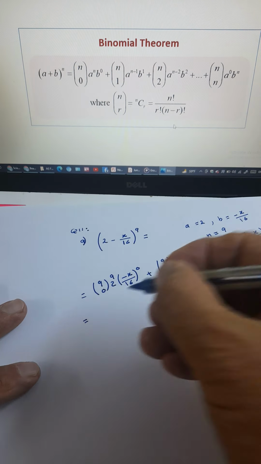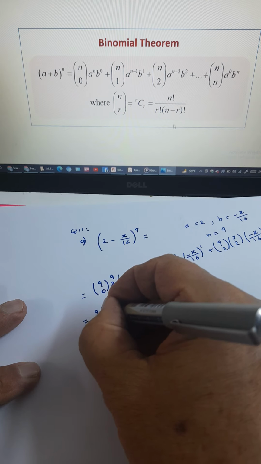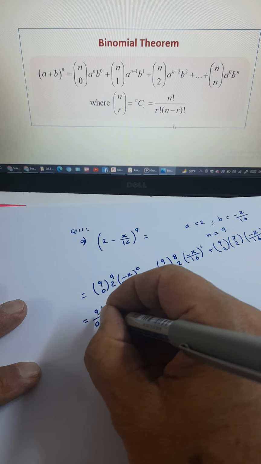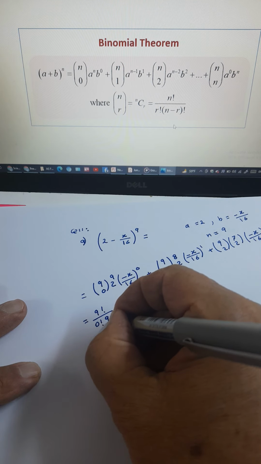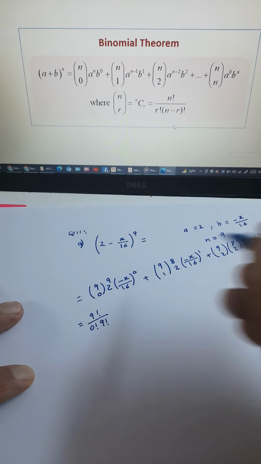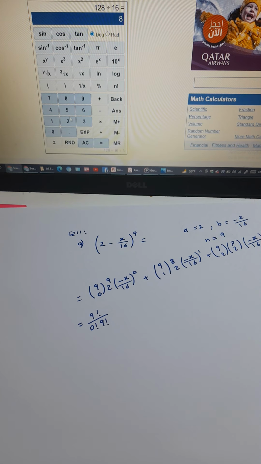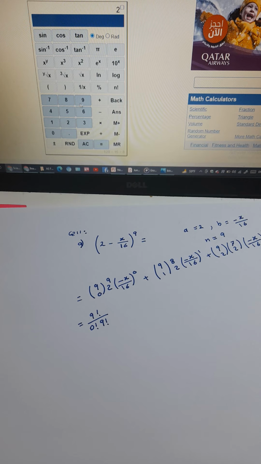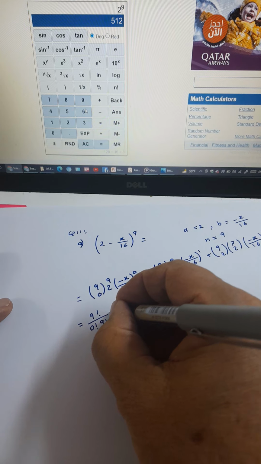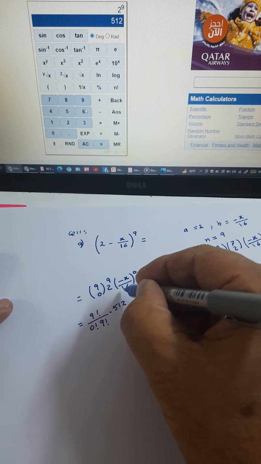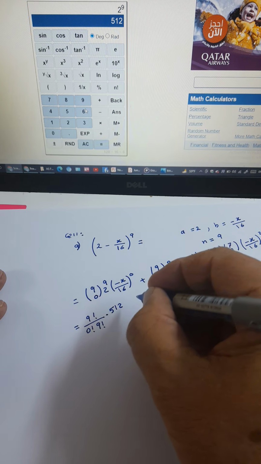Equals 9 over 0 is 9 factorial over 0 factorial times 9 minus 0 factorial, which is 9 factorial. Now 2 to the power 9 equals 512, so times 512, and this is 1, because the power is 0.